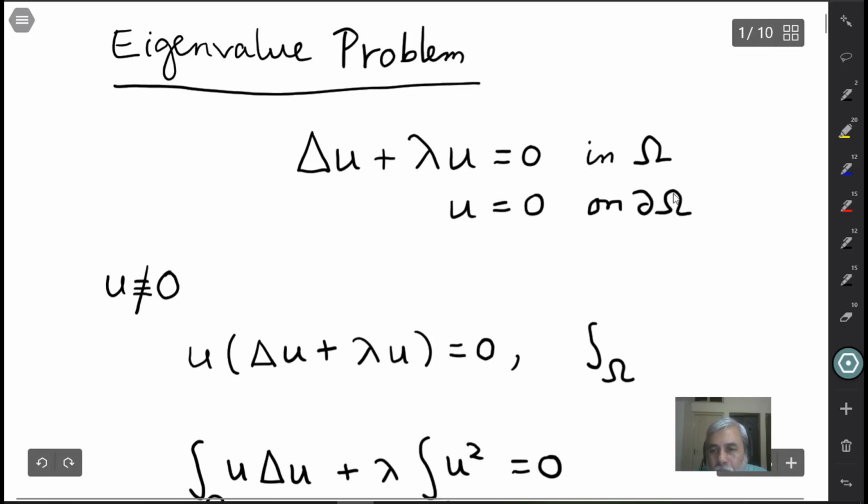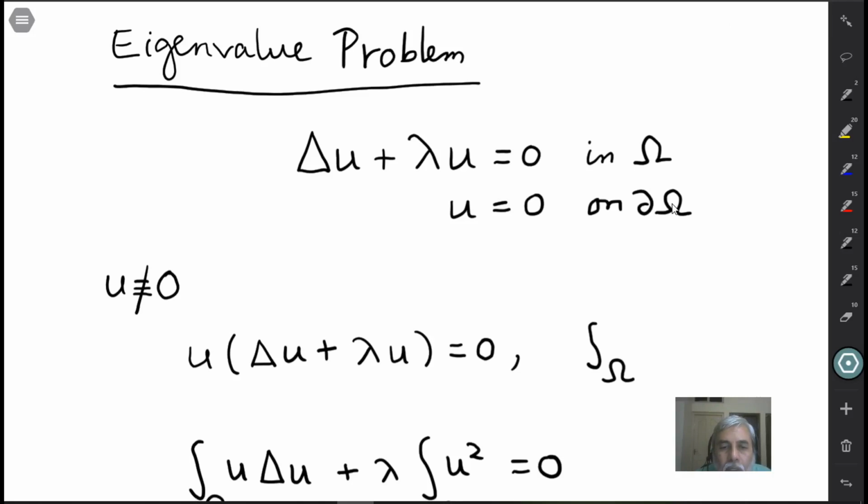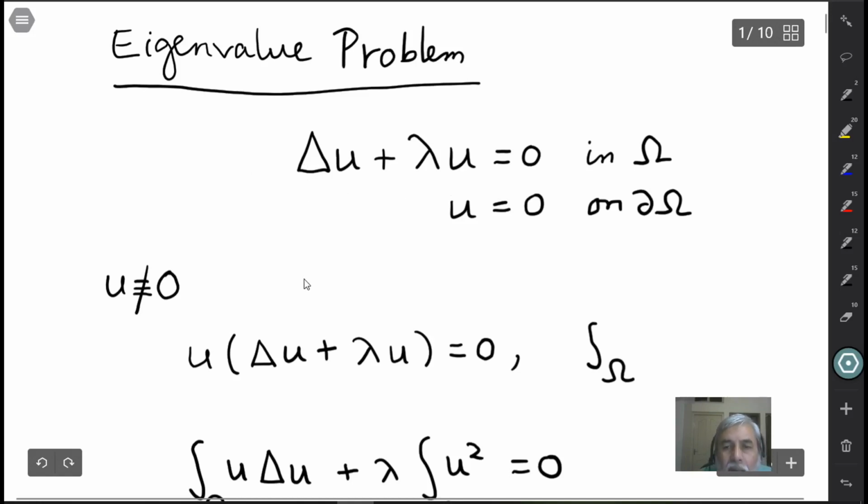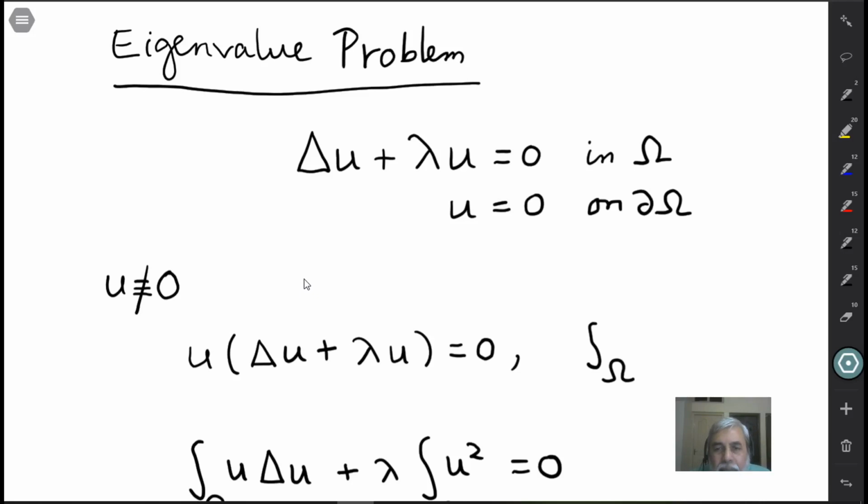So we want smoothness for the use of divergence theorem and other things. Okay, so this can be viewed as an eigenvalue problem for this operator Laplacian, just similar to the eigenvalue problem for a square matrix.